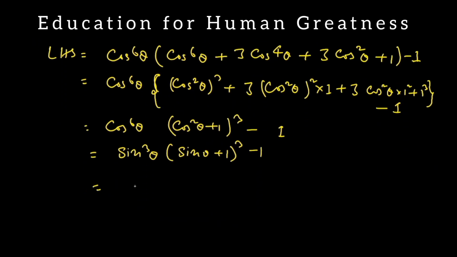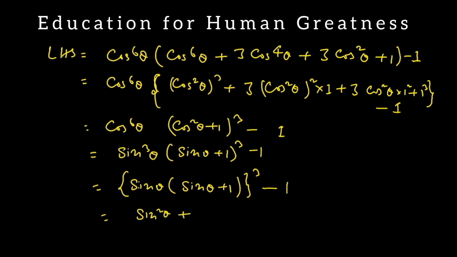One more step remaining, sin theta into sin theta plus 1. It's all in cube, so we can keep it in one bracket and then multiply its sin square theta and then sin theta into 1 sin theta, right, and then minus 1 and its whole cube.